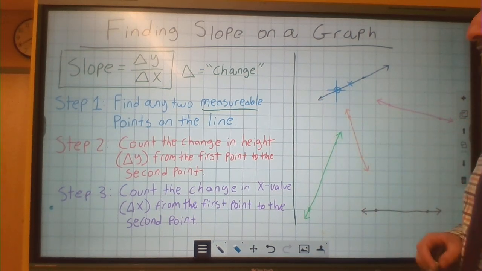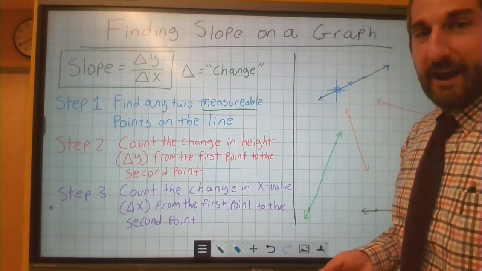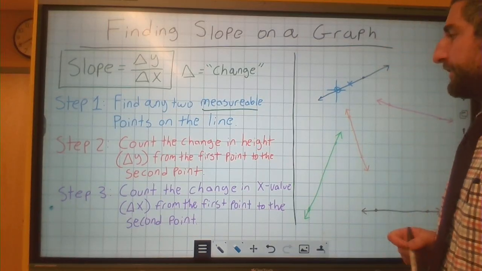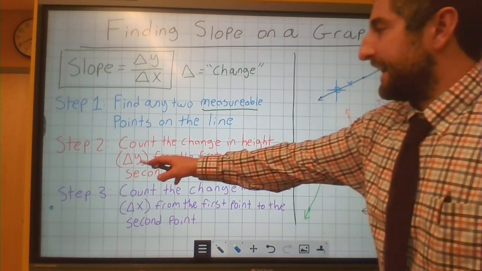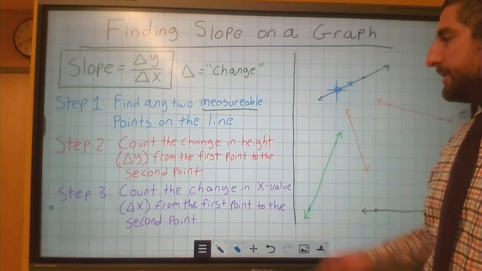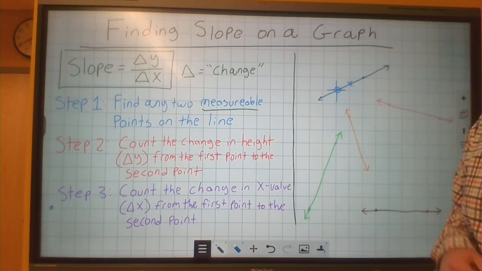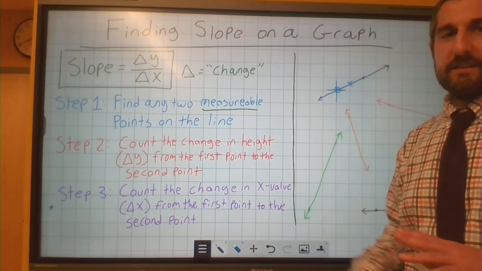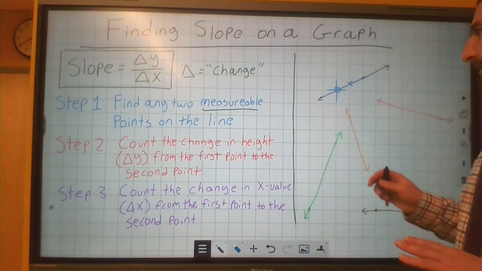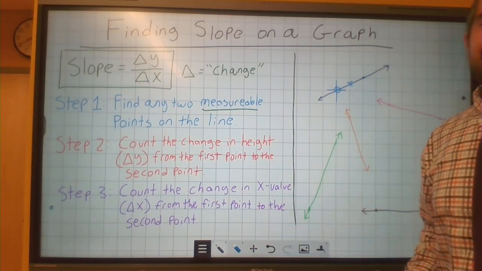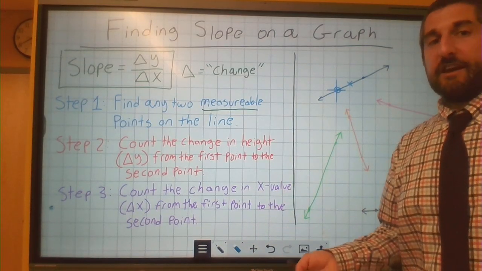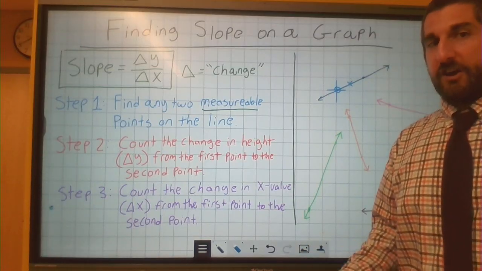Once you have your two measurable points, then the rest is just counting. First is to count the change in height, aka the change in y value, from the first point to the second point. My first point is always the point that's further left. My second point is always further right. Technically, it doesn't matter. Just make sure that you are starting at the same point each time.